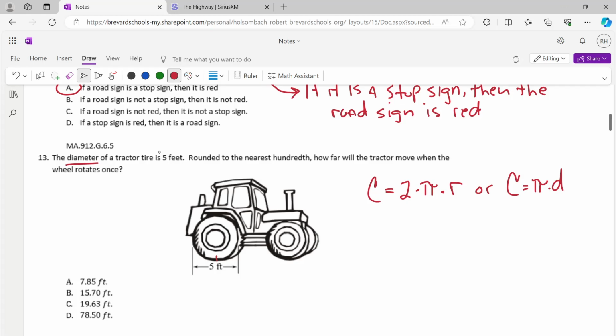So since they tell you the diameter is 5, then the circumference equals pi times 5. And that's 15.7. And that is answer choice B.